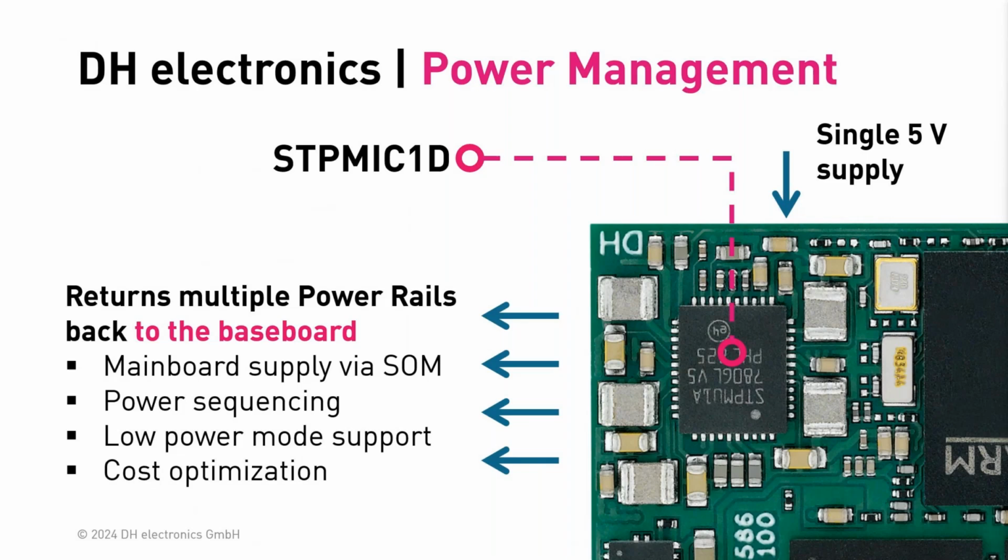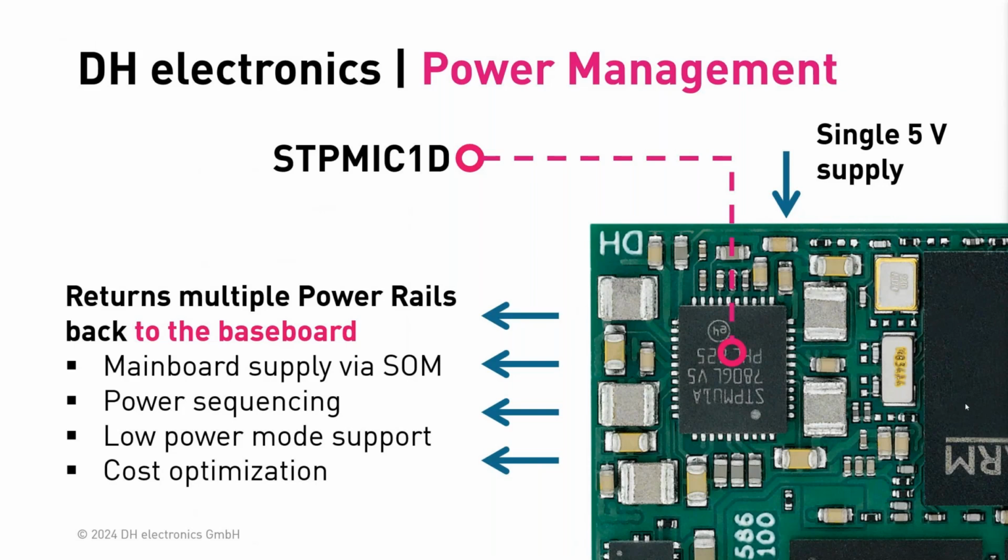And this brings the following advantages. Reduced costs on the mainboard, because you can save costs of additional buck regulators. Then the power sequencing on the mainboard is done directly by the SOM. And especially if you need low power modes, you can disable dedicated power outputs of the PMIC and switch off also the power supply on the mainboard itself.